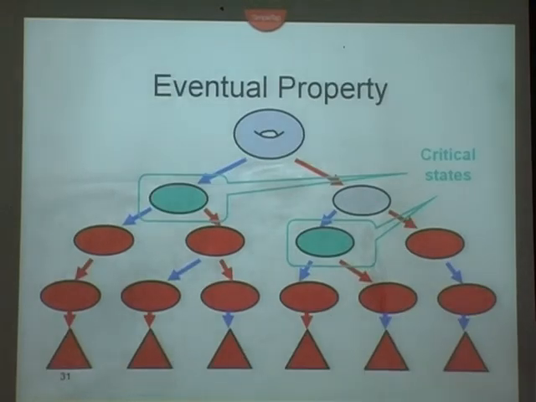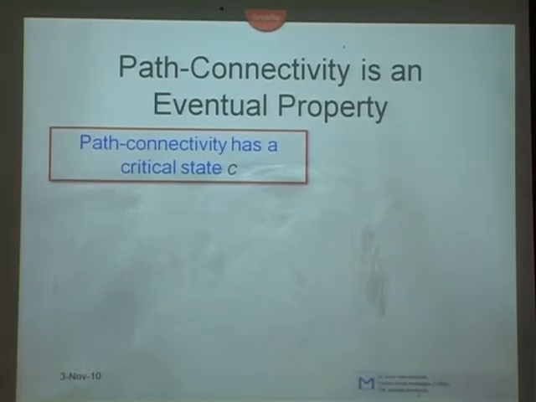Okay, so what I've shown so far is you start out in a state where it's not true. There are critical states where the property is henceforth true. Could there be a situation where the property holds in one child, doesn't hold in another child, and then holds in another child?